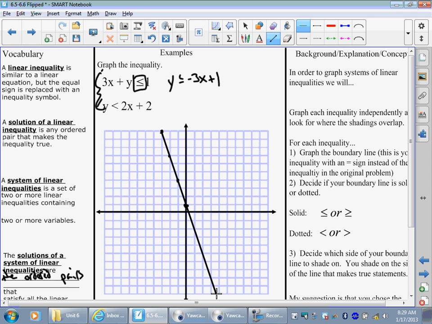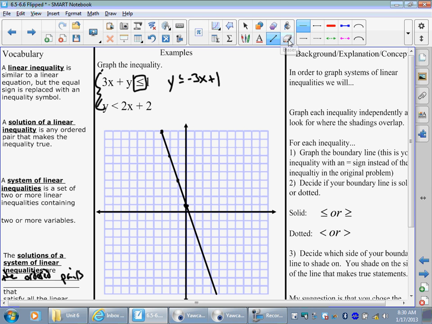Now, I need to decide where to shade for this one. Well, I'm going to test (0, 0) here and see if it's true or false. 0 is less than or equal to, this becomes 0, 1. So 0 is less than or equal to 1. That's true.